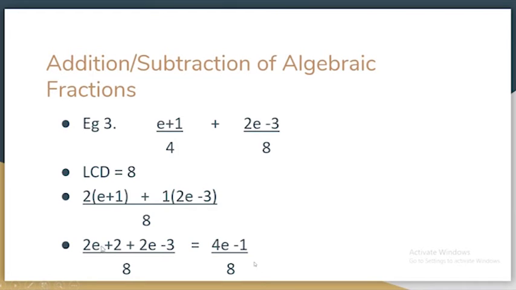And remember, in so doing, we follow the laws for addition and subtraction of directed numbers, which is: if the signs are the same, you add and keep the sign. If the signs are different, you subtract and take the sign of the larger.